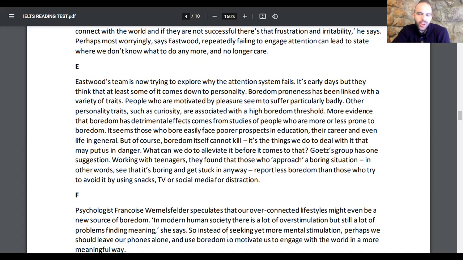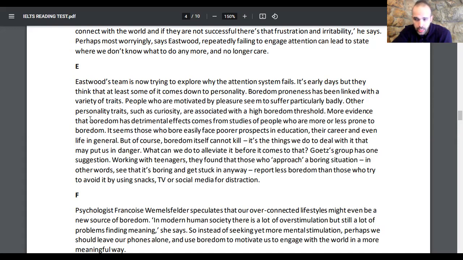Okay, guys, so have you found the matching headings of paragraph E and F? So this paragraph, which is paragraph E here, is about certain characteristics of personality and how these tend to be associated with boredom.